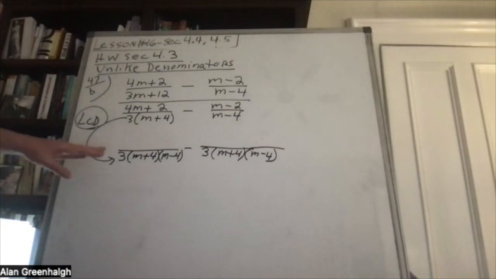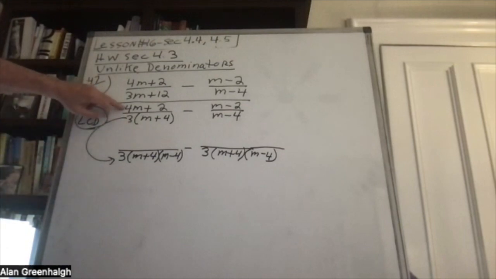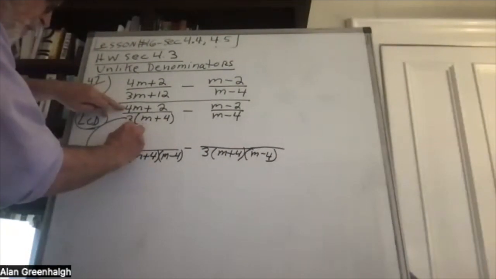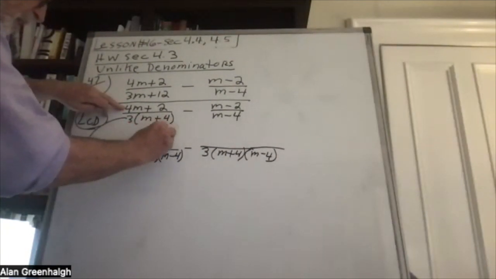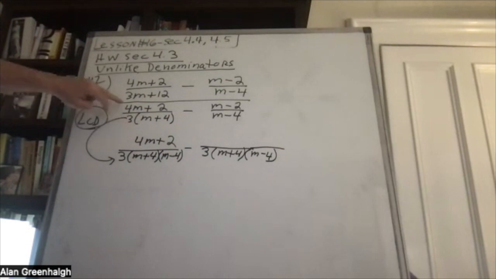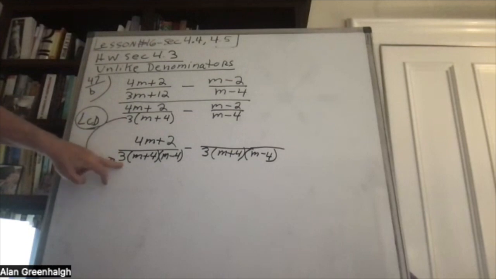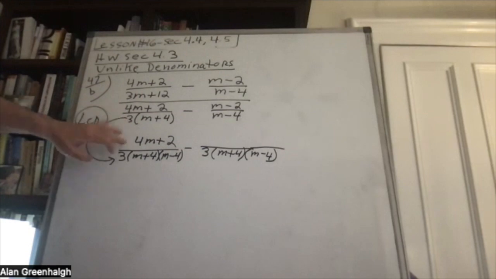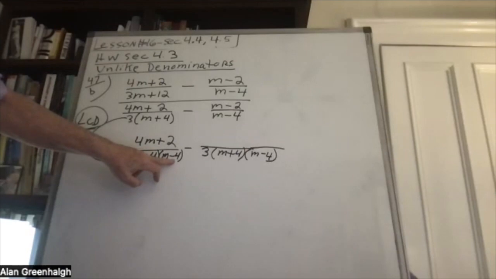Okay, now, so here we have 4m plus 2. But to get from this denominator to this denominator, we say, what's missing? What do we have to multiply this fraction by in order that this denominator will look like that denominator? And you can see that what's missing here, that we have here, is the m minus 4.